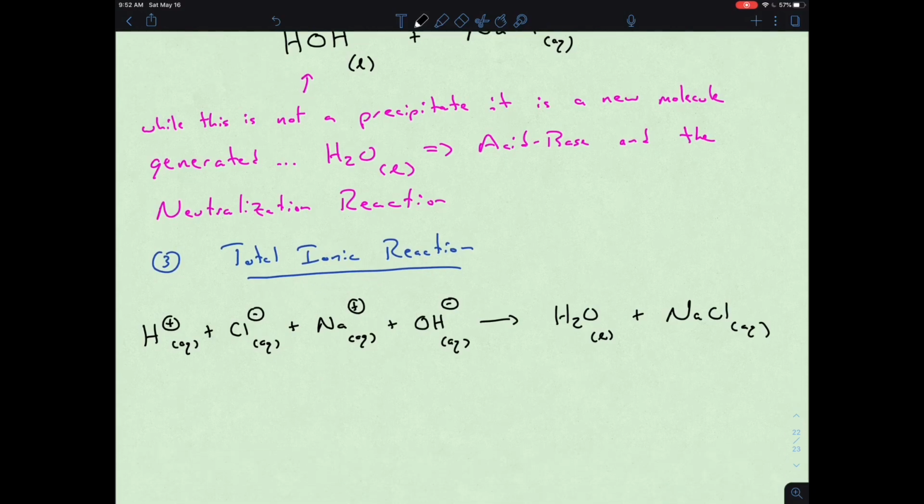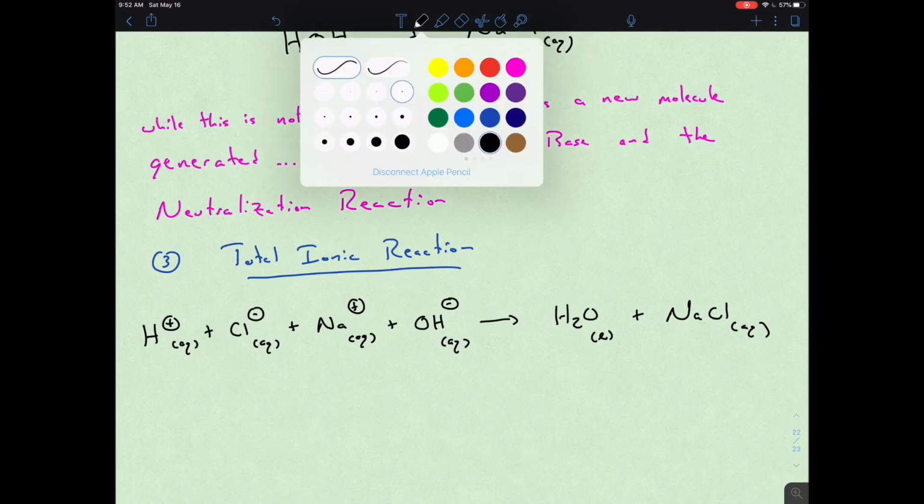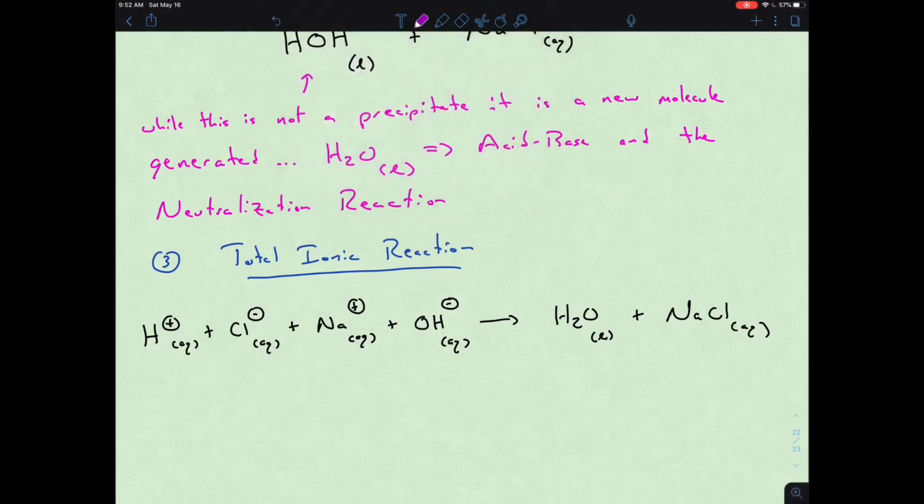So there's our total ionic reaction. We have here the spectators.